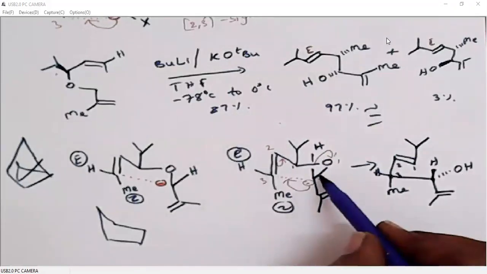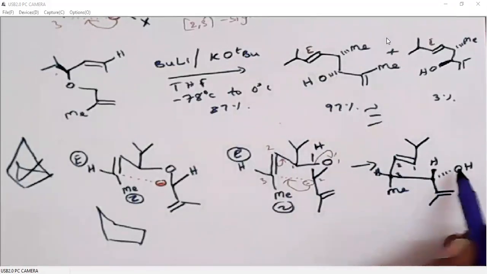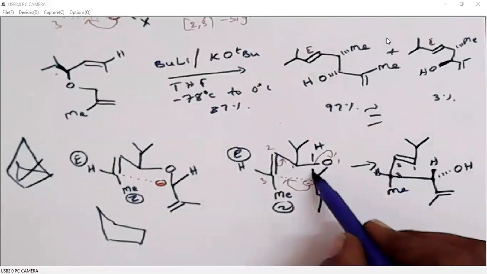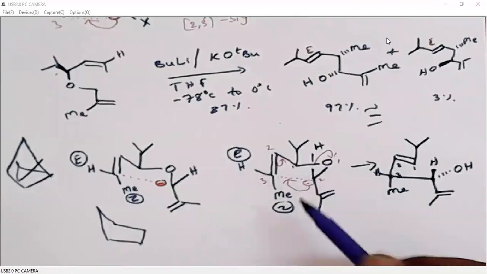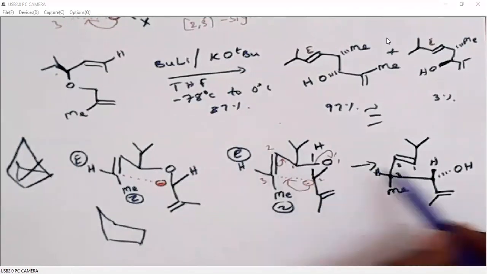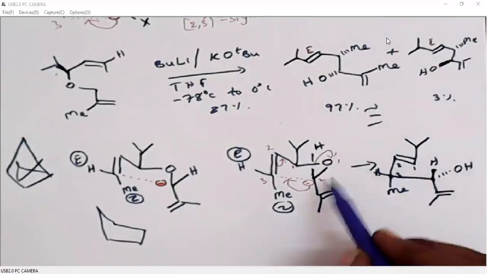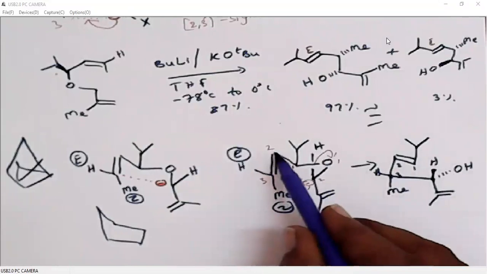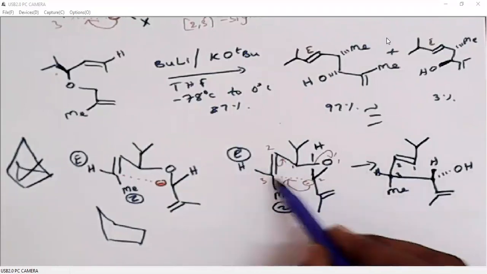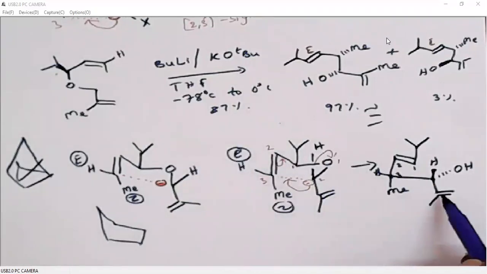This hydrogen and oxygen we can directly predict from this conformation, because this hydrogen is above the plane, so we will place oxygen below the plane. This group, when you look at it, looks like zigzag fashion, so this is always in the plane.